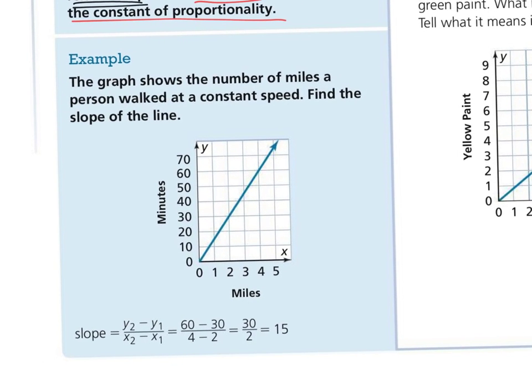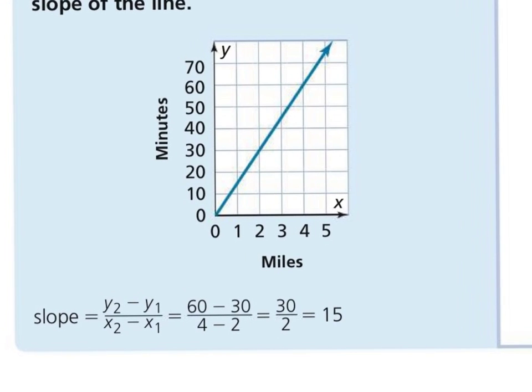So here, the graph shows the number of miles a person walked at a constant speed. Find the slope of the line. We've been doing that quite a bit. You guys are getting pretty good with that. So again, slope is the change in y divided by change in x. Just pick 2 points and figure out what your slope is. The points that the book chose here are 2, 30 and 4, 60.